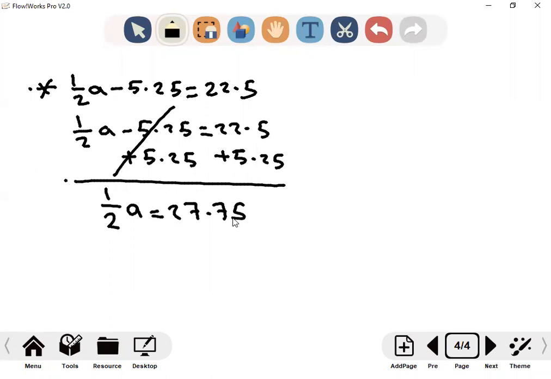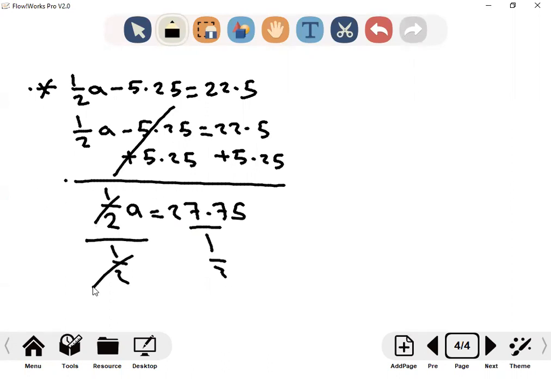Now the half is 0.5, right? Yes, it's the same. So you can turn the half to 0.5. Now 1A over 1. Multiply 2 by 27.75 will be 55.5. Or divide both by half.